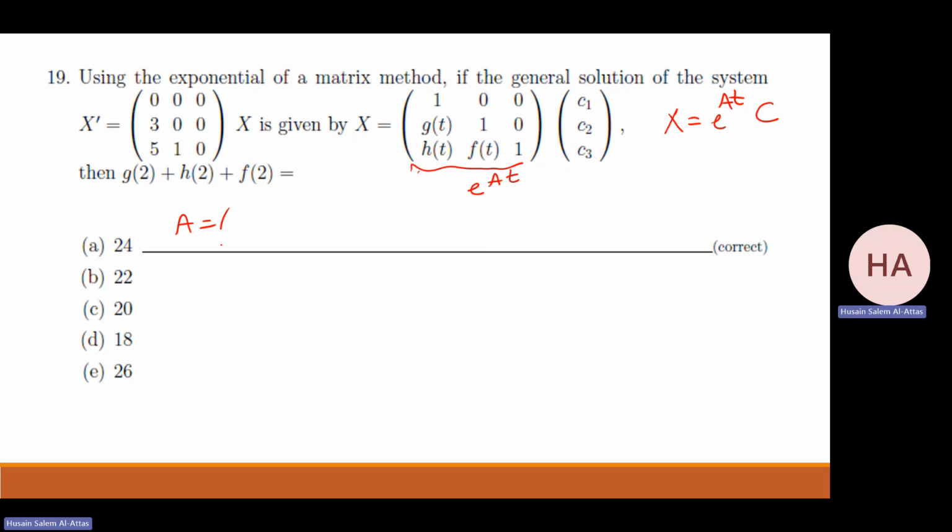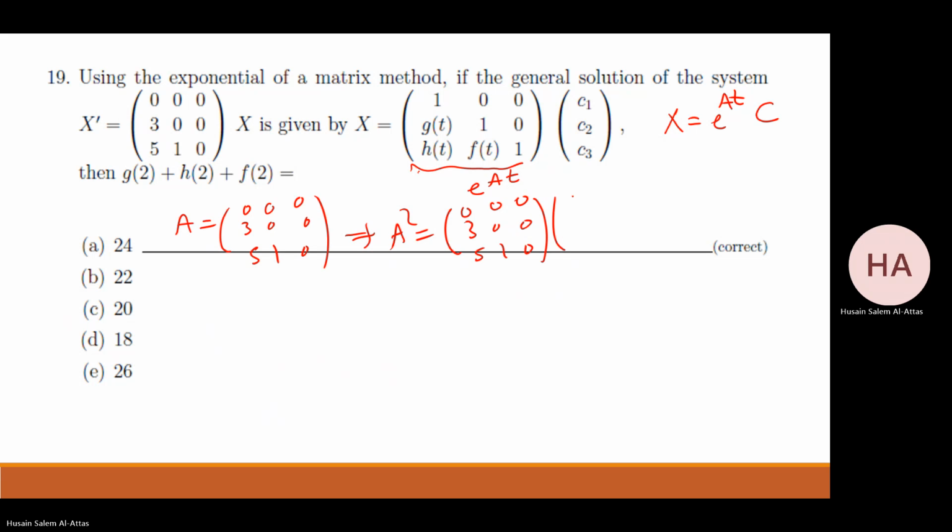I know A is 0, 0, 0, 3, 0, 0, 5, 1, 0. It's lower triangular, so it's nilpotent. A squared is 0, 3, 0, 0, 0, 0.